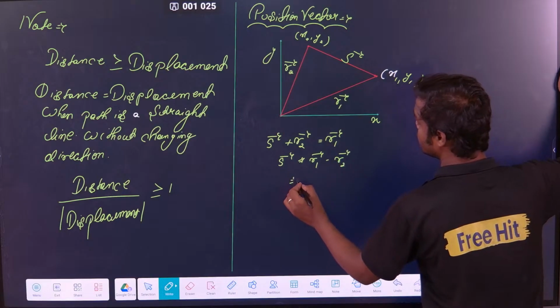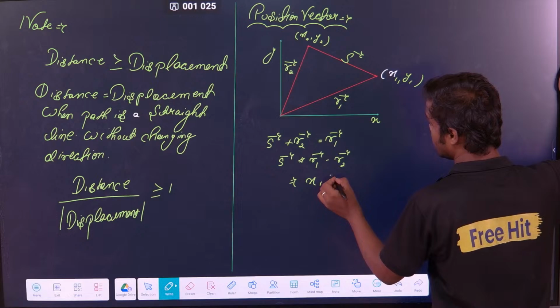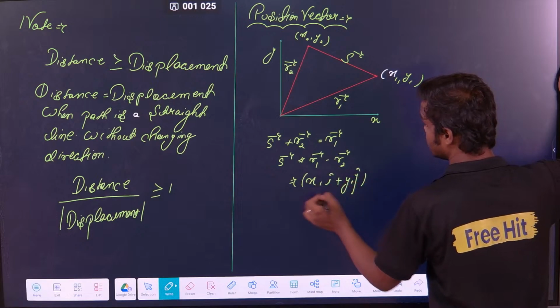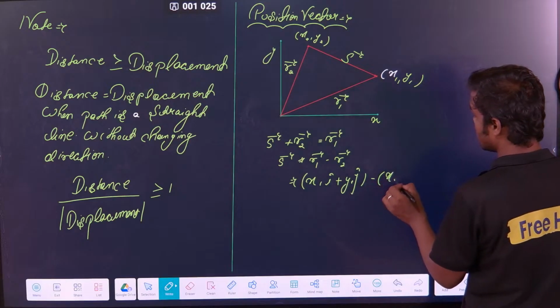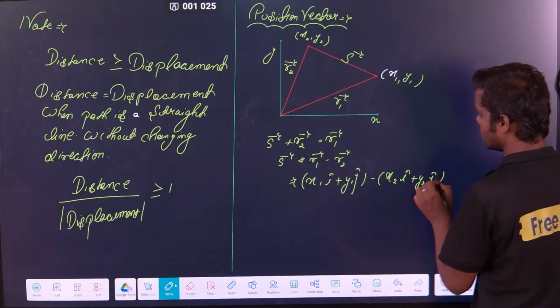Now how to write the r1 vector? The r1 vector is simply defined as x1 i cap plus y1 j cap, and r2 is x2 i cap plus y2 j cap.